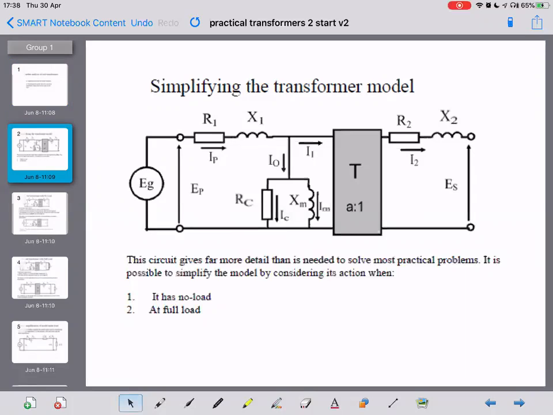It's possible to simplify this model by considering its action separately when it has no load and when it has full load. So we're going to look at the two separate situations and see how we can simplify this model into something that will help us to do a reasonably good analysis of a real transformer.